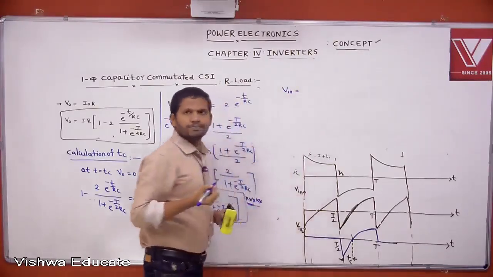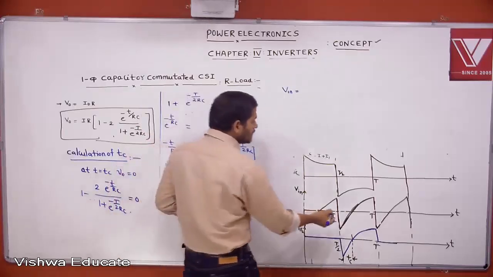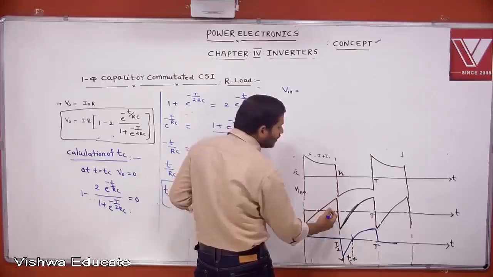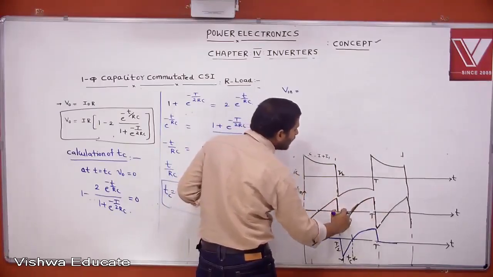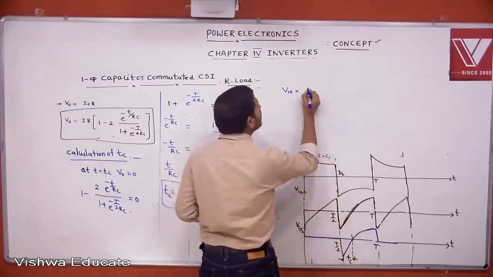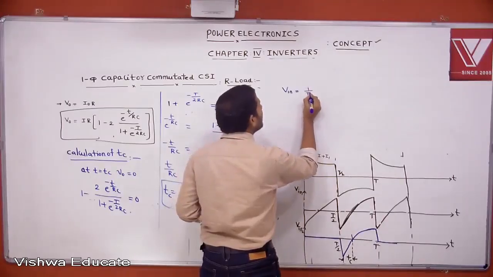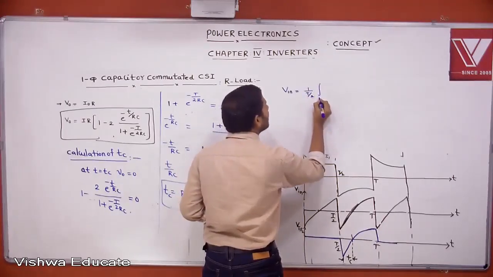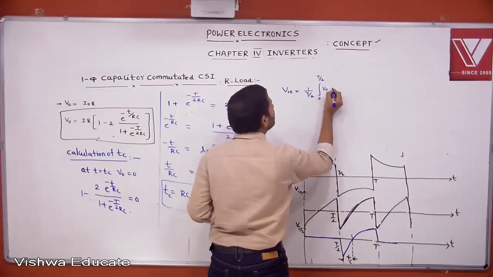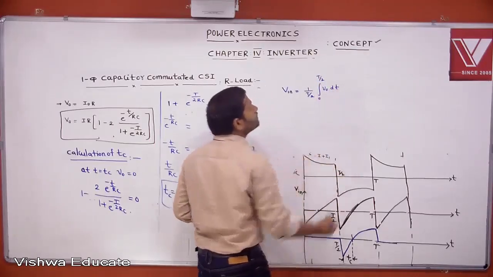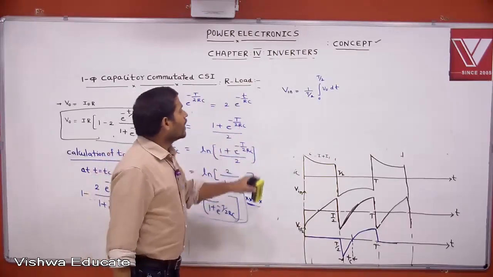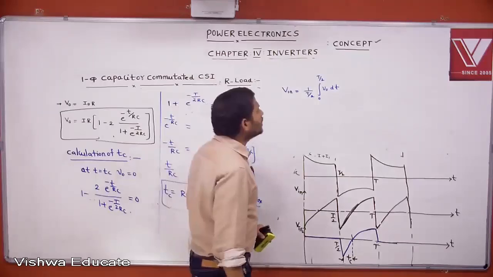For one time period we are getting 2 cycles of output. Then the average is 1 by (T by 2) integral 0 to T by 2 of V naught dt. Understand?